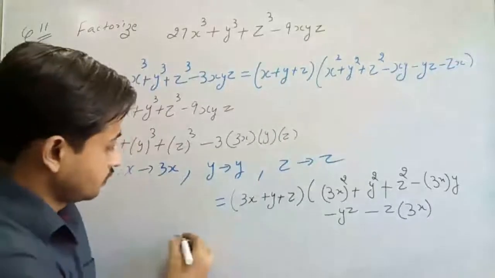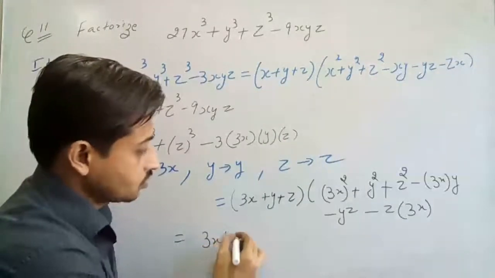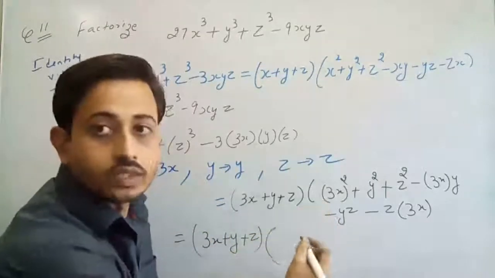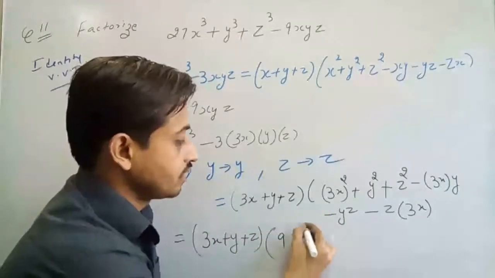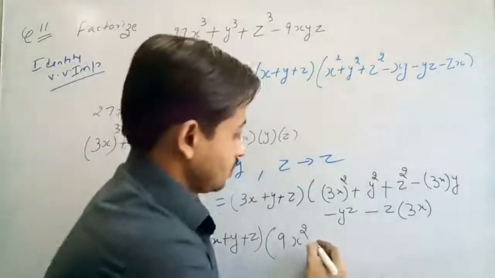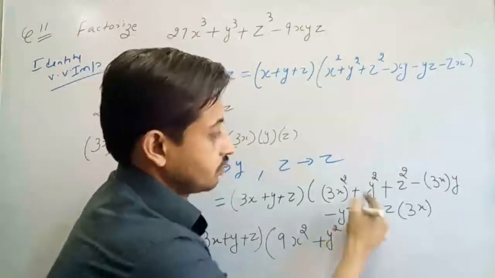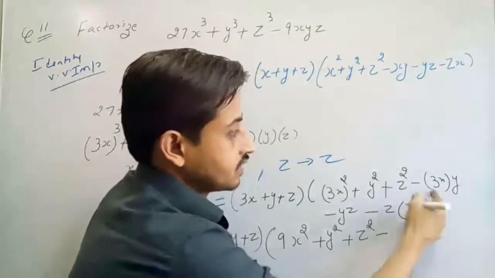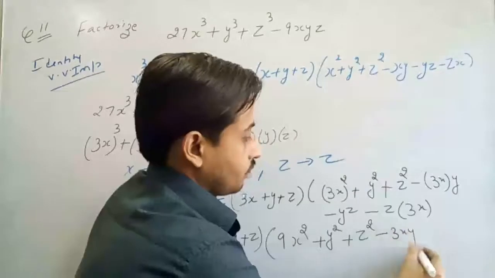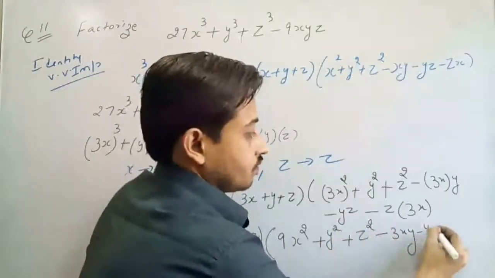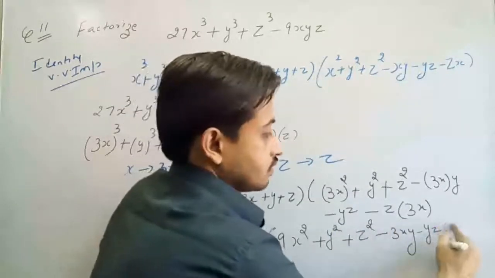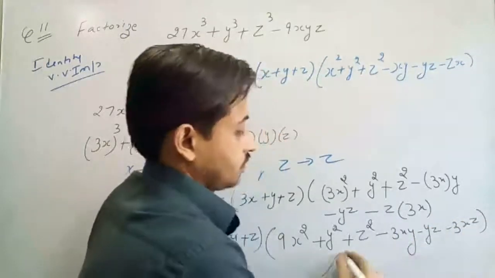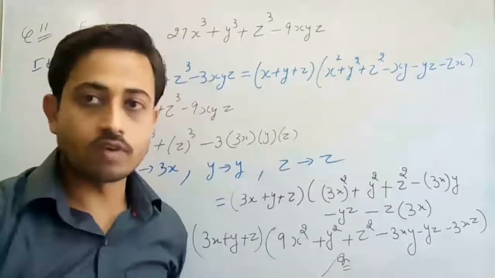Now solve further. 3x plus y plus z, 3 into 3 we get 9, x into x we get x square. 9x square plus y square plus z square minus 3xy minus yz minus 3xz. So this is the final answer.